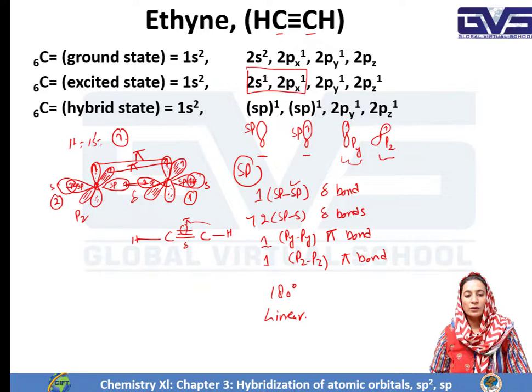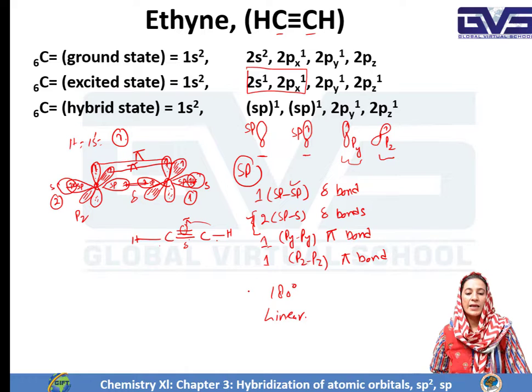Bonds are total 1, 2, 3, 4 and 5. Out of 5, one is sp-sp sigma bond, 2 are sp-s sigma bonds, and one is py-py pi bond, and the other pi bond is between pz and pz, and the angle is 180 and shape is linear.